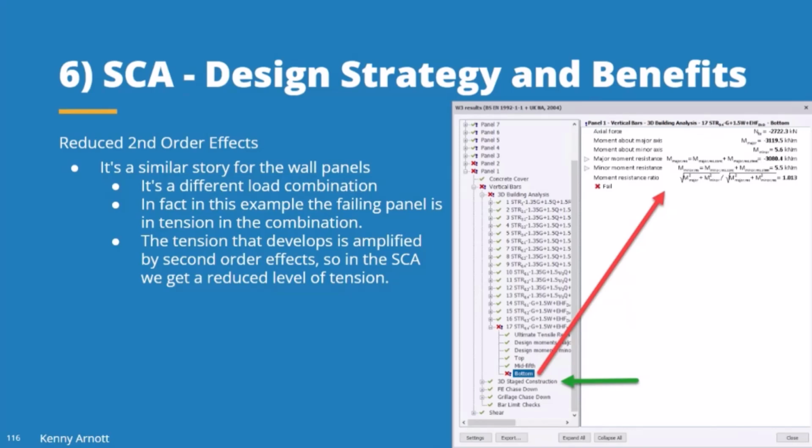The panels that are failing are in tension, and that tension is amplified by the second order analysis, and so it's not amplified as much in a stage construction analysis. So the tension level drops, and the wall that passes for stage construction analysis then fails when you consider the basic second order analysis.